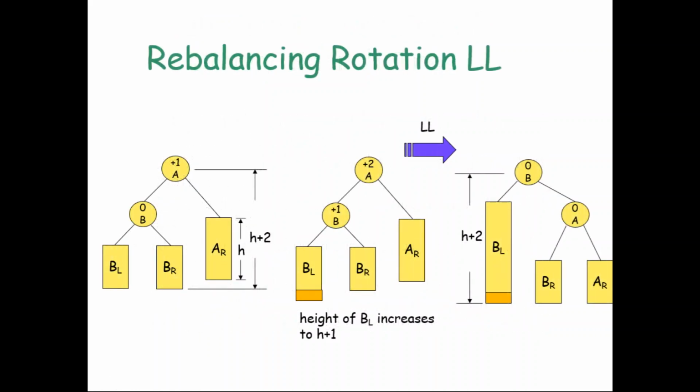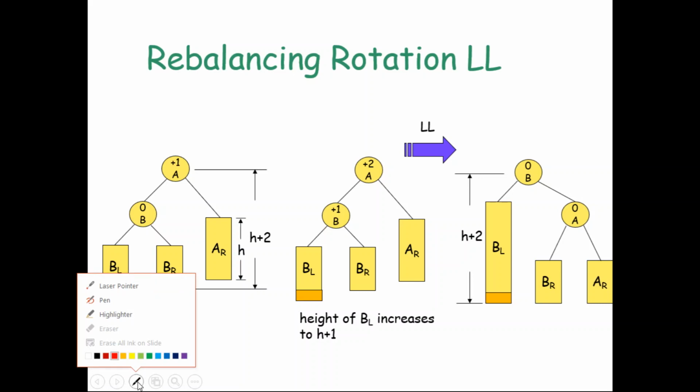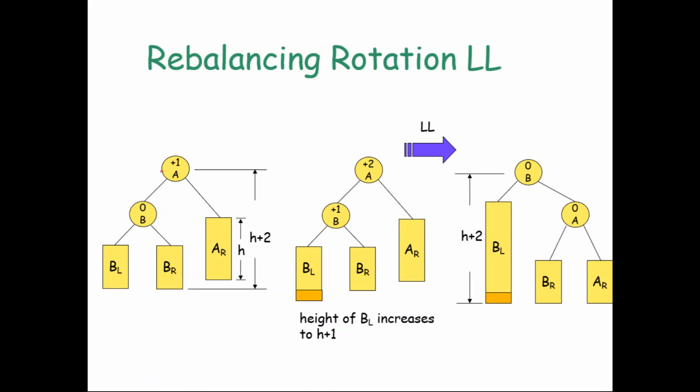So we will try to generalize these rotations. In a given tree, how will it be done? The first diagram on the left is a balanced tree. There is a node A, to the left there is a node B, and this is the left subtree of B. There may be many nodes, we are not showing all of them.